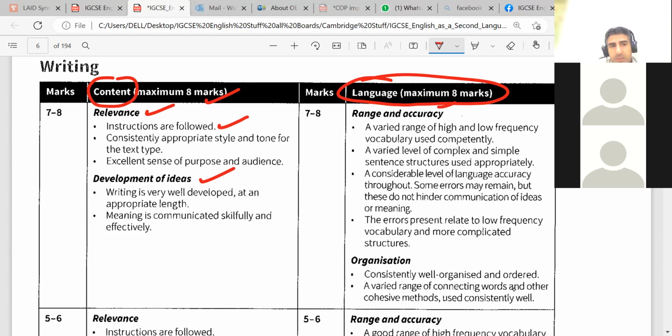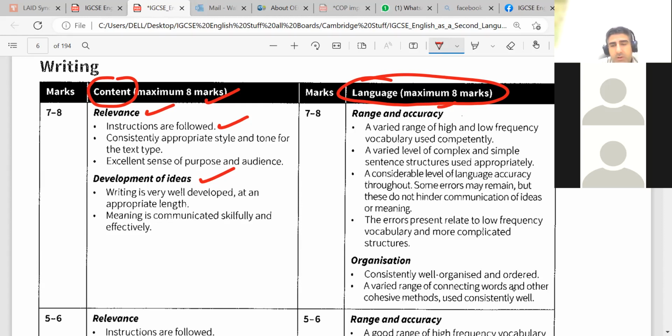The next one, consistently appropriate style and tone for the text type. So you should be consistent in your writing. What I mean by consistent, you should be using the appropriate writing style. For example, if this piece of writing requires using informal language, you should use informal structures.